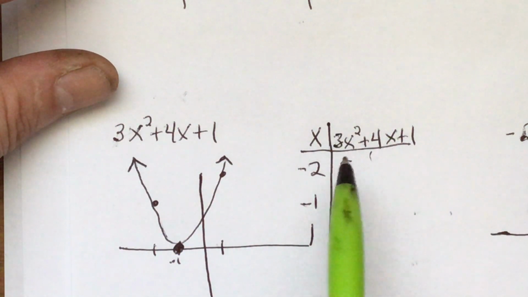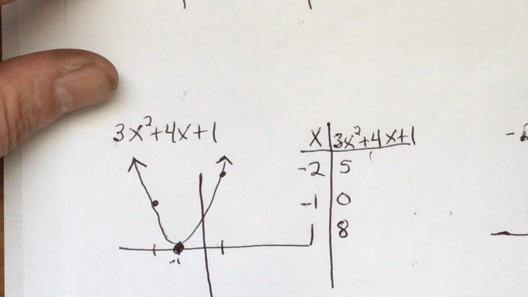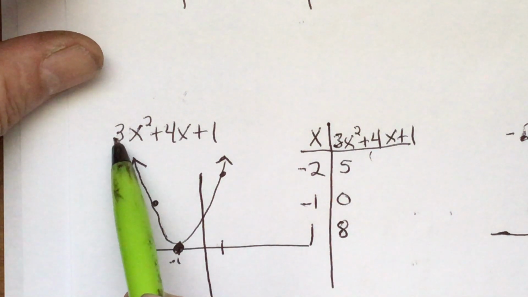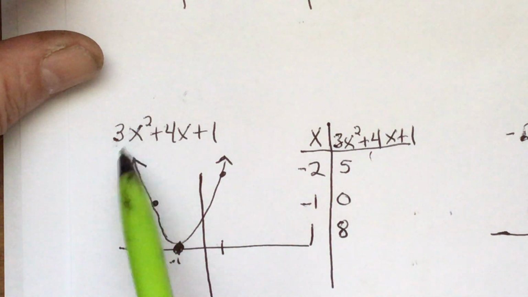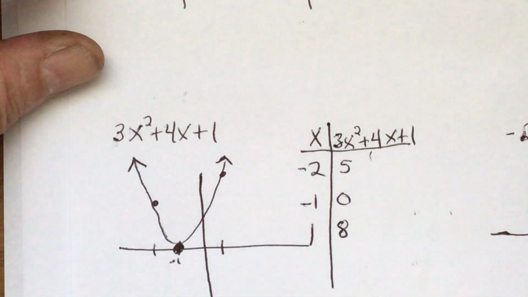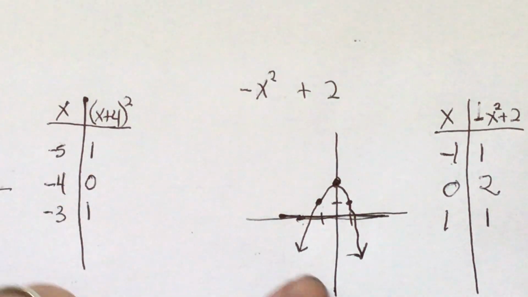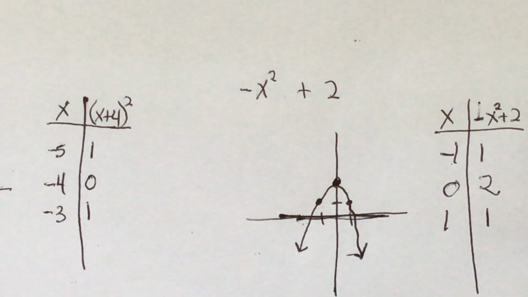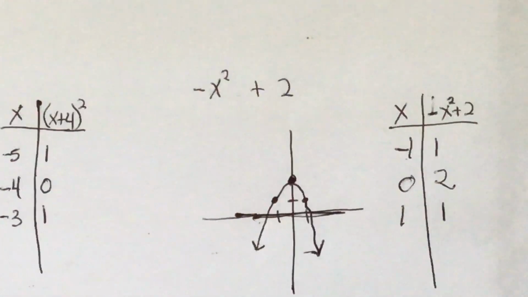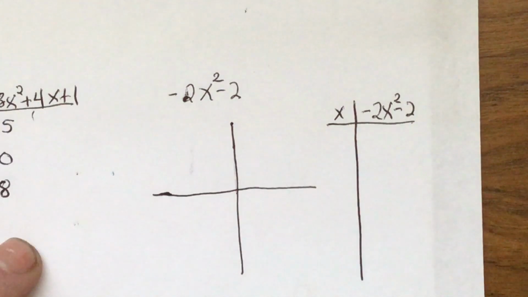Type it into y equals, pick 3 points from the table, plot those 3 points, draw your shape. If it's a positive number in front of x squared, it's going to be a U shape. If it's a negative number in front of x squared, then it's going to look more like an N or an upside down U.